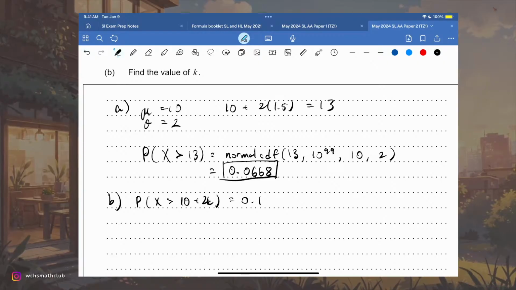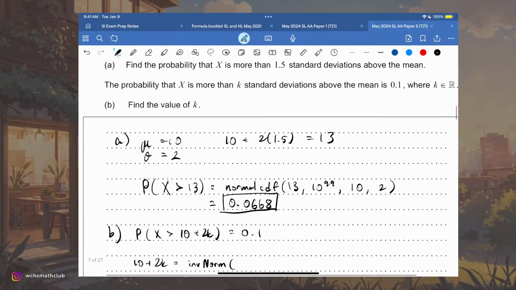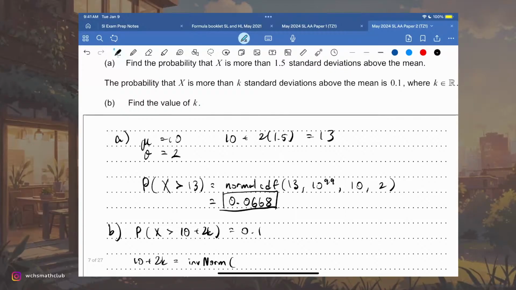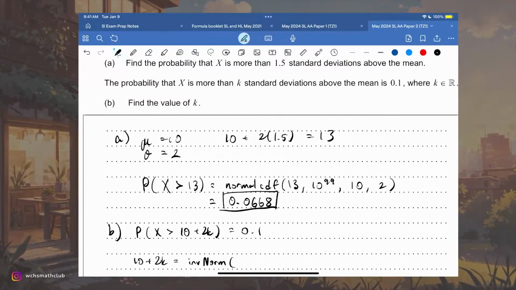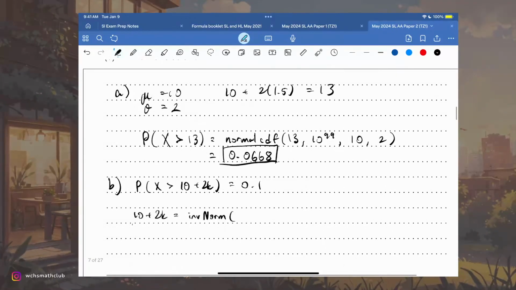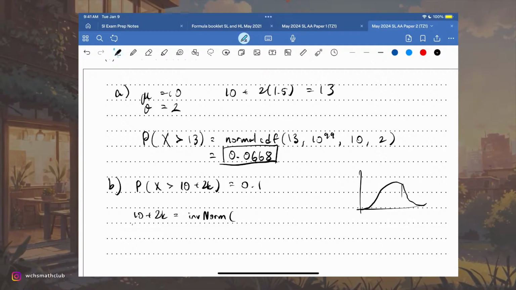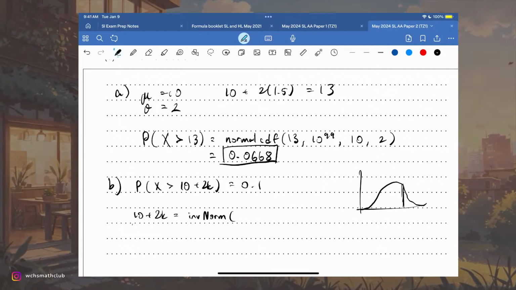Then we can use the function on our calculator. So 10 plus 2k equals inv-norm. Go into second distribution, then inv-norm. The area we are given is 0.1, the mean is 10, the standard deviation is 2, and we want to make sure our tail is to the right. If we look at this distribution, the area we want is this chunk right here.